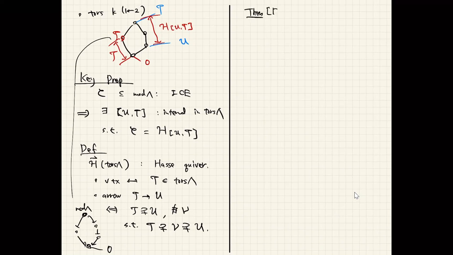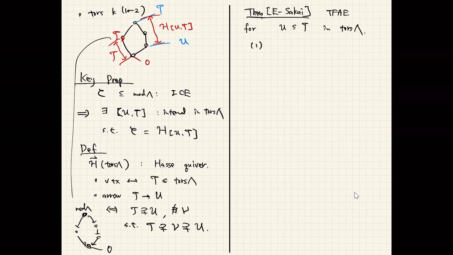Then this is the second main result. This is joint work with Arashi Sakai. The following are equivalent for intervals of torsion classes.